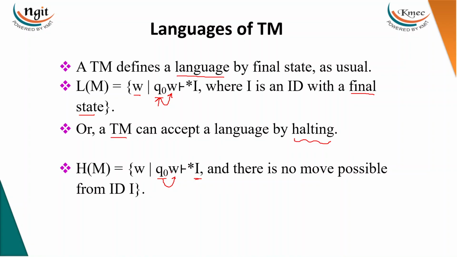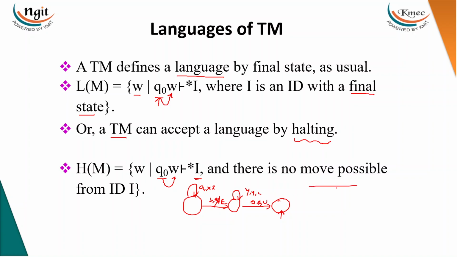After reading all the input symbols, if there are no possible moves from that ID, for example a move like B, Y, left, then we can say that the Turing machine will halt. There is no question of going into an infinite loop.